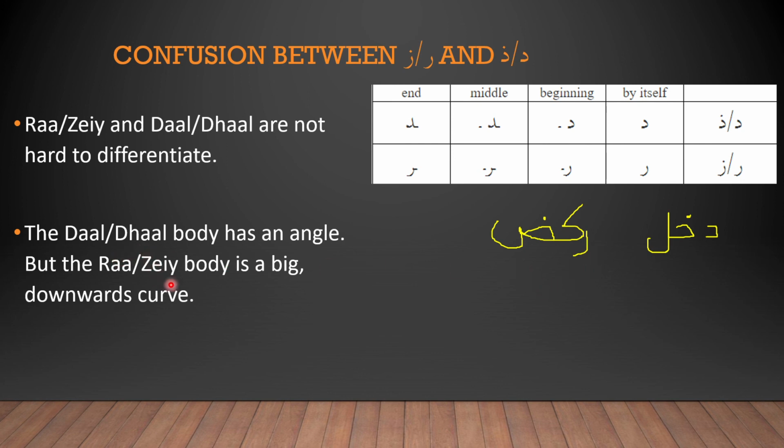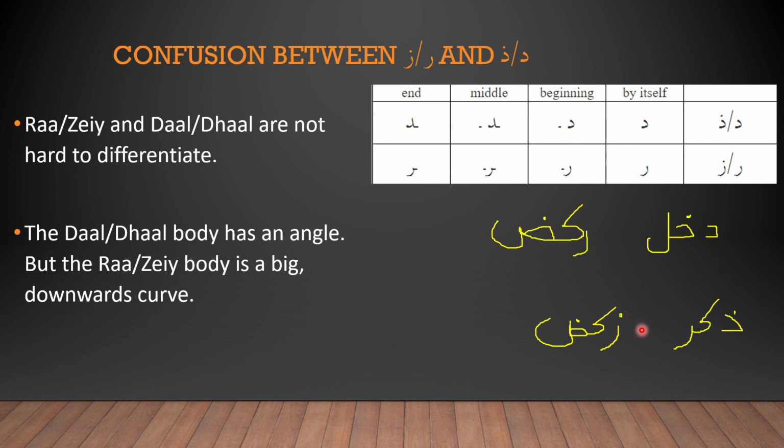Similarly, Zal and Zay also have their own examples. This is Zal, Zakara, and Zay we have Zakada. So we see that Zal has the same thing as Dal except for a dot, and Zay also has the same thing as Ra except for the dot.